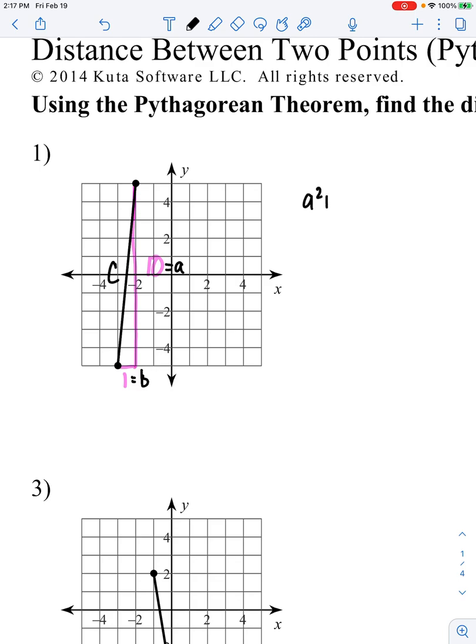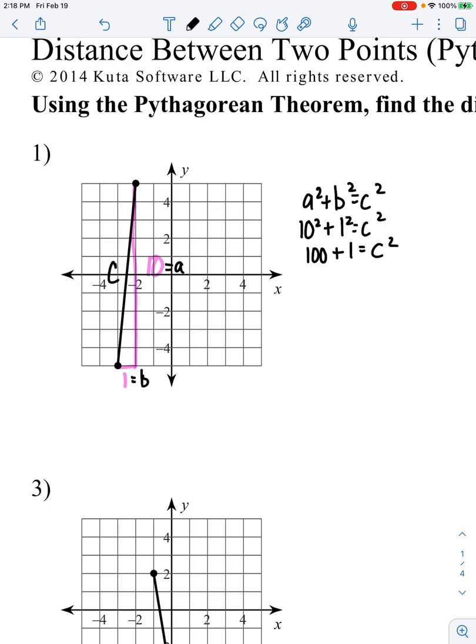So let's write our formula. A squared plus B squared equals C squared. We said A is 10. We said B is 1. And we're going to look for C. So make sure you have your calculator out ready to complete these calculations. So 10 squared is 100. 1 squared is 1. Those are on the same side.